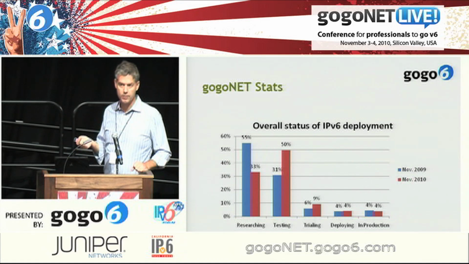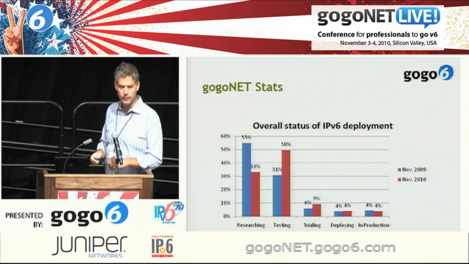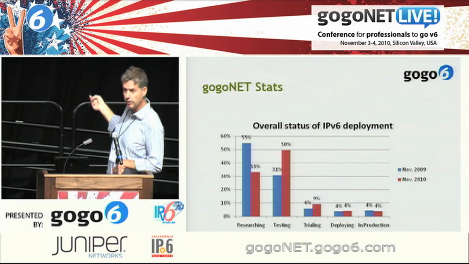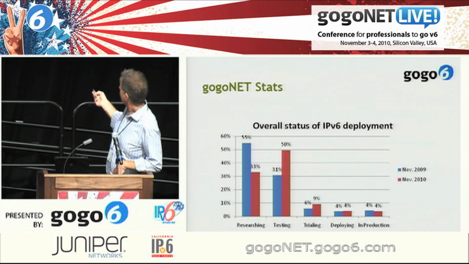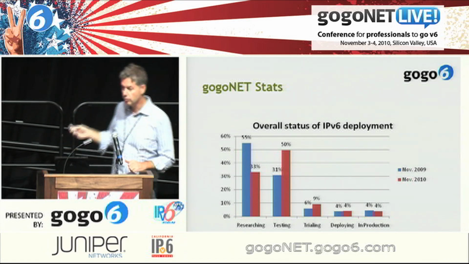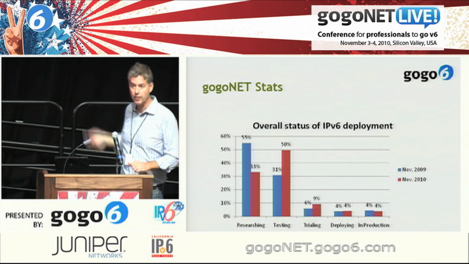We have 34,000 now. So statistically, you have to squint a little bit on this. But I think it's big enough to see that there has been a shift in 1 year from a majority, which was over half just researching a year ago, to now the majority, 50%, actually testing.